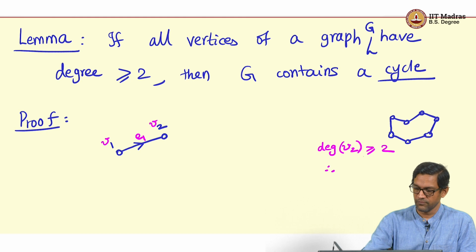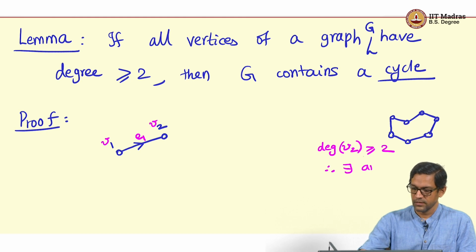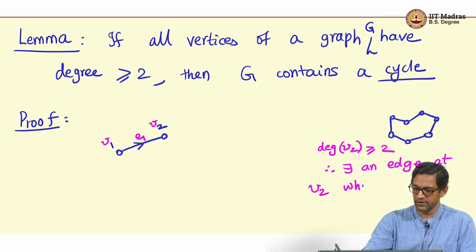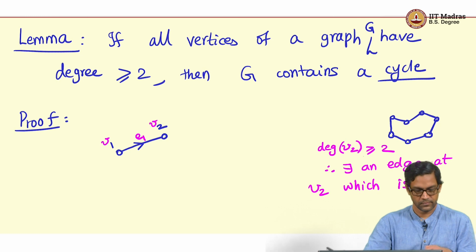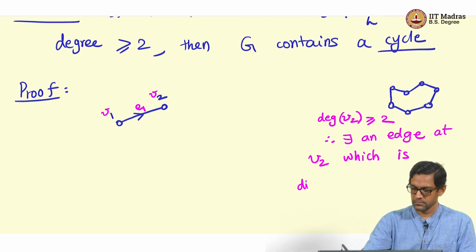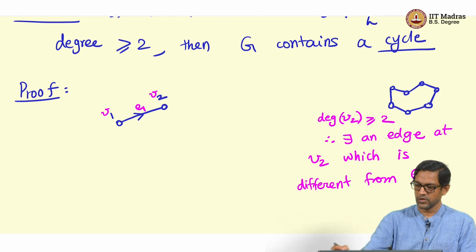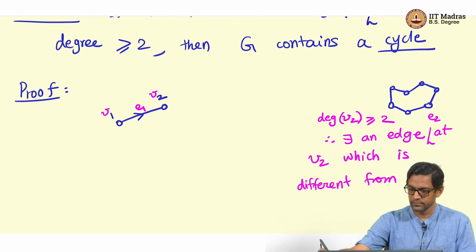Right? Therefore, there exists an edge at V2 which is different from E1. Okay, so let's call that edge E2.